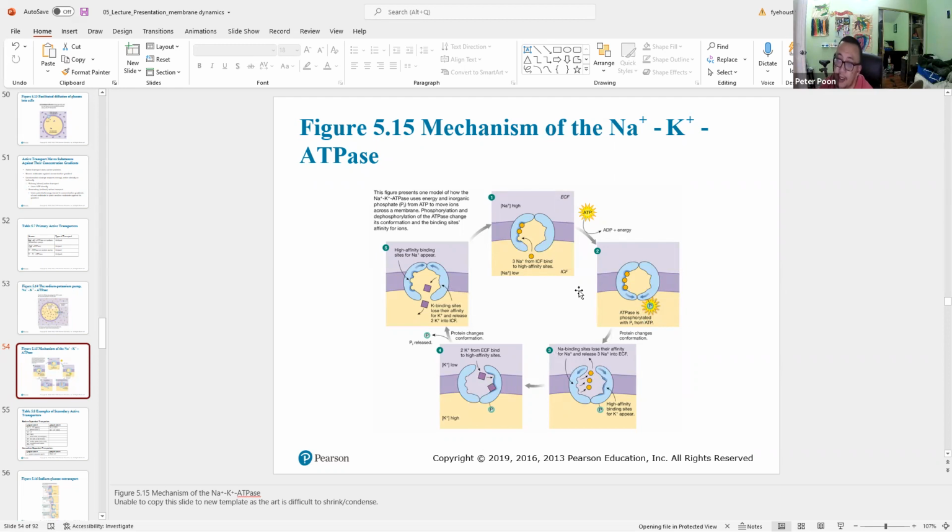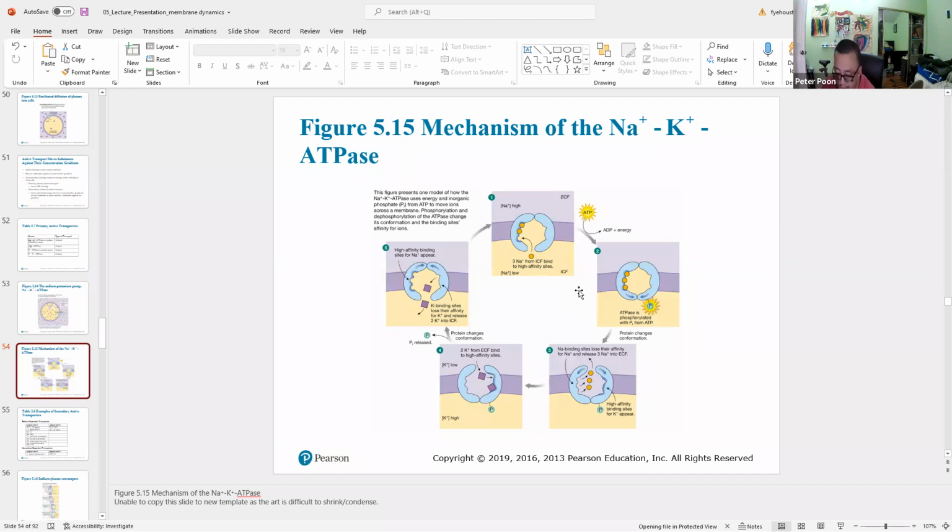So let's look at this a little bit more closely. I'm moving three positive charges outside, and I'm only taking in two. So every cycle, I'm depositing one positive charge on the outside. So the outside of the cell will become more and more positively charged.